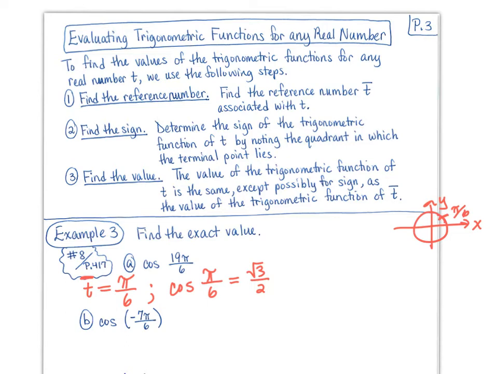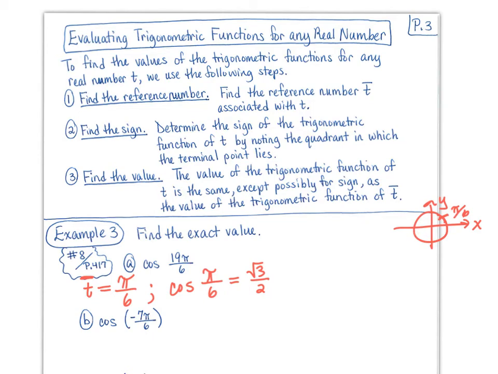Pi over 3, good. So you have pi over 6, 2 pi over 6, 3 pi over 6, 4 pi over 6, 5 pi over 6, 6 pi over 6. Go back around, that's 12 pi over 6. Add 6 to it, you get 18 pi over 6, then one more, you get 19 pi over 6. So you're right here, in quadrant 3.